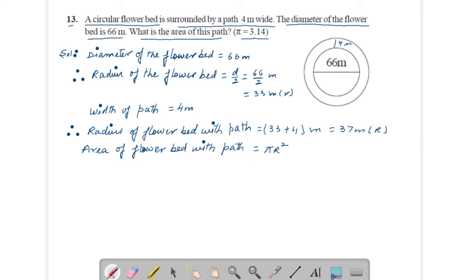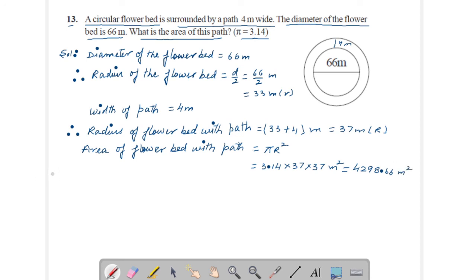Value of pi is 3.14 into 37 into 37 meter square. Multiply it, you will get 4298.66 meter square.